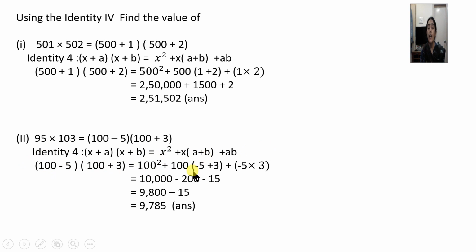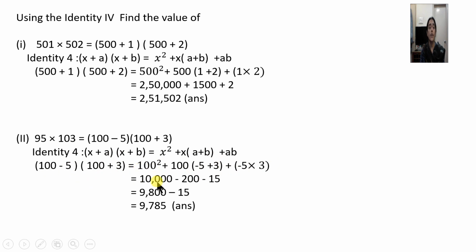So I will write here minus 5 only, plus 3, plus minus 5 into 3. Whatever is the sign, if a here is minus, I will write it along with the sign. Remember, in case it was minus 3, then here also you write along with the sign. But here it is plus 3, so we have written plus 3.